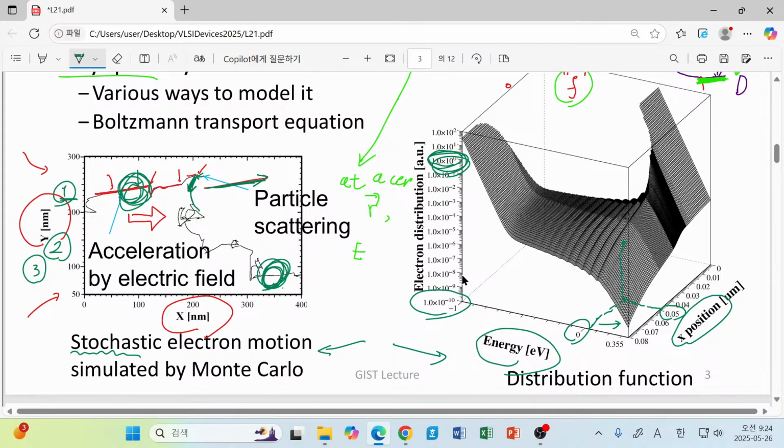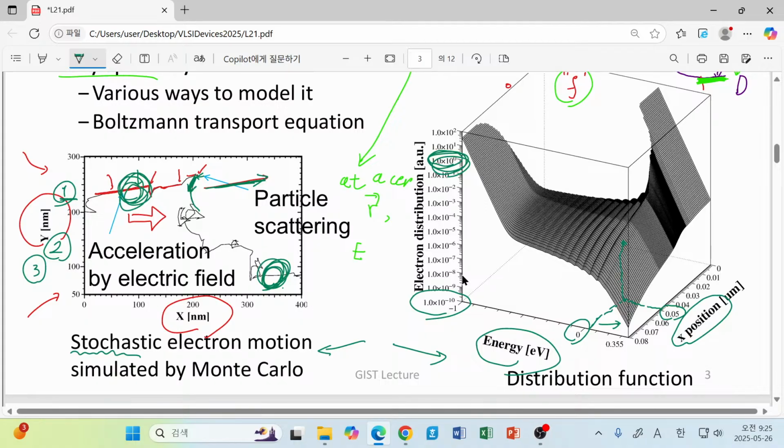That can be understood. So actually, calculation of this quantity is a very long-standing research topic of modeling the electron transport inside our semiconductor devices.